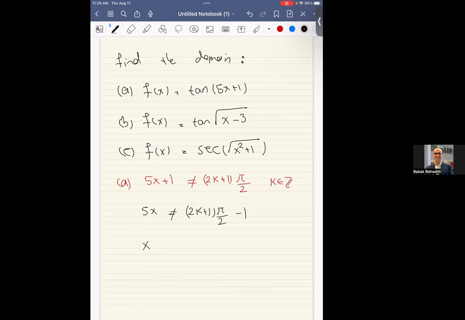So that means x cannot be equal to 2k plus 1 over 5, or maybe 2k plus 1 times pi over 10.